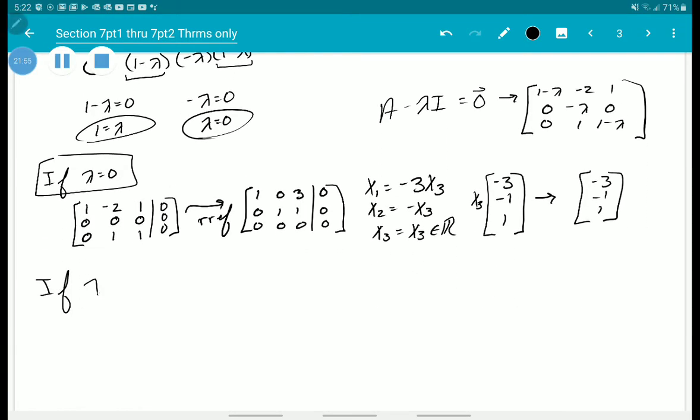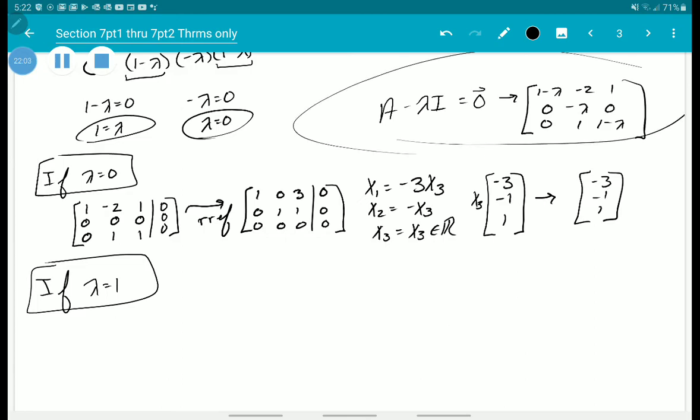Now, if lambda is equal to 1, and we substitute 1 into this, we have 1 minus 1 is 0, -1, and 1 minus 1 is 0. I'm just talking about the entries down the main diagonal. Let's do some Gaussian elimination.